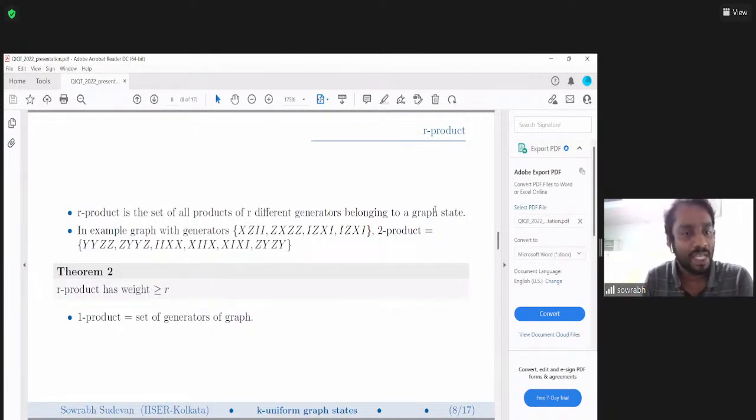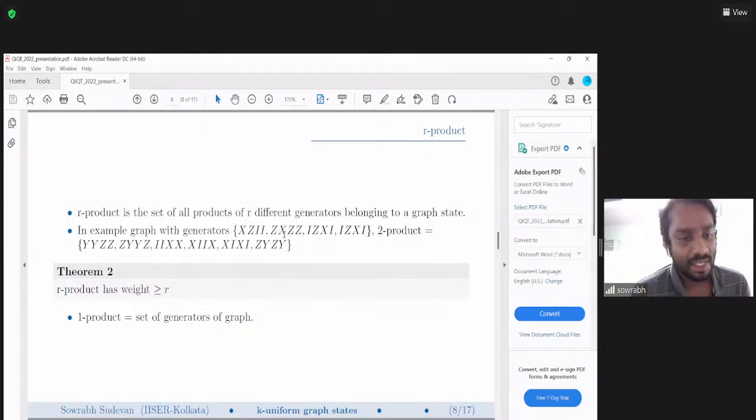It comes like that: n choose 0, plus n choose 1, plus n choose 2, and so on, will give you 2 to the power n. To give an example, if there is a graph with these generators, then the 2 products will be these 6 matrices. You're choosing 2 from these 4, 4 choose 2 is 6, so there will be 6 options. These are the 2 products.